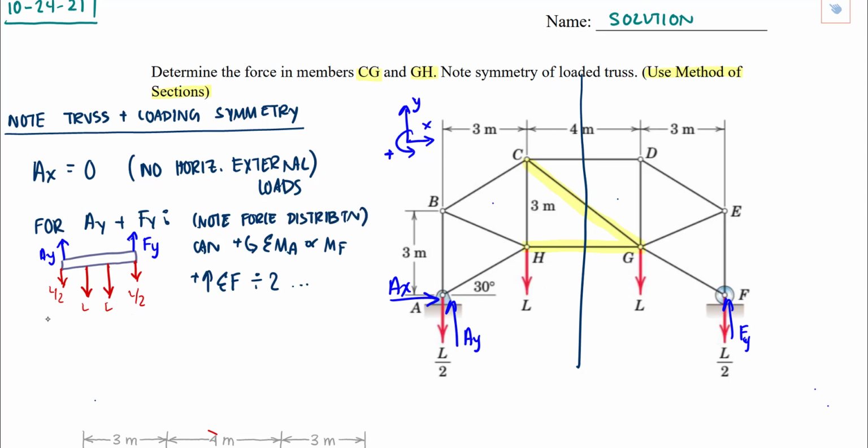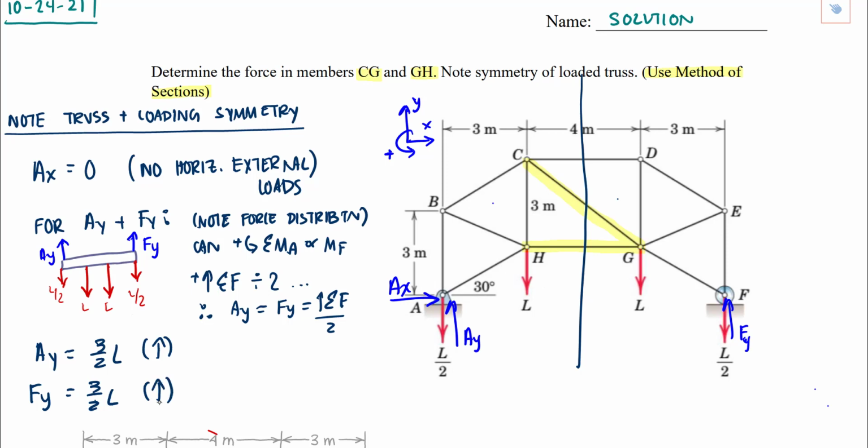And so therefore, AY equals FY, which is equal to the sum of all your vertical forces divided by 2. So we can say that AY is equal to 3L over 2, and FY is equal to 3L over 2. And yes, both are upwards. So always make observations first.